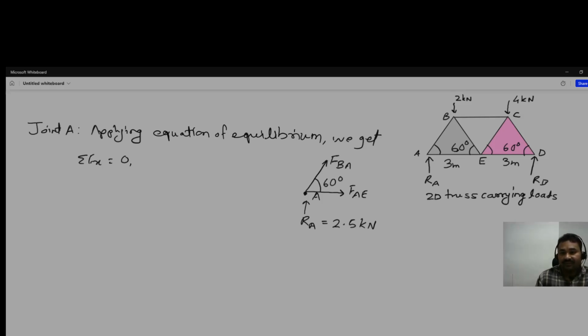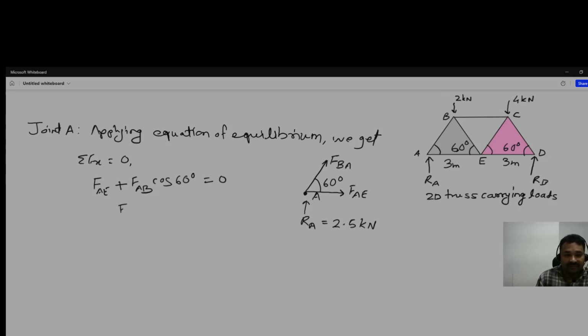So now applying the equilibrium of forces, summation of Fx is equal to 0. So the direction FAE with positive direction, plus FAB cos 60 degree is equal to 0.